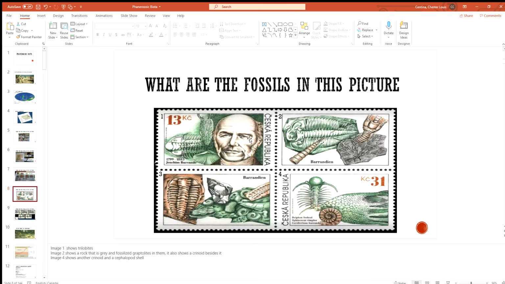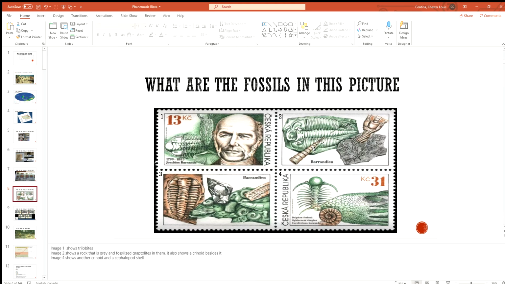Okay, fossils, this is just an exercise to familiarize ourselves. Number one, we see a trilobite. Another trilobite. This image shows fossilized graptolites, and this is a crinoid.